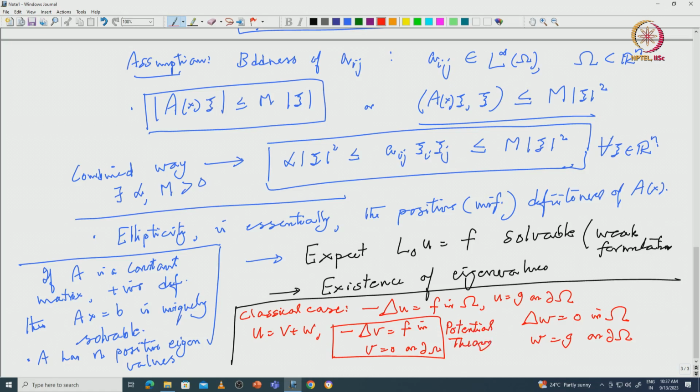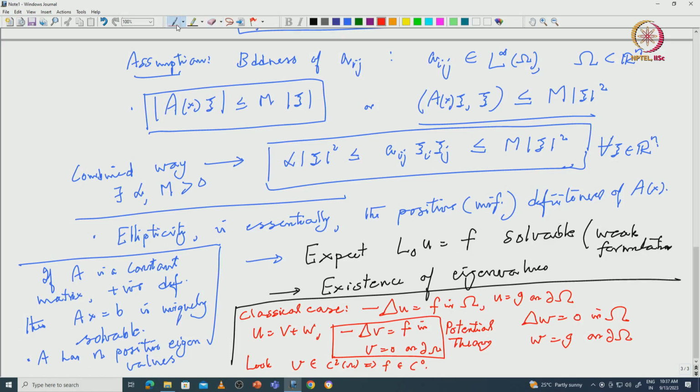When we are looking for v in C2, that will imply essentially f is continuous. So we expect a solution of minus Laplacian of v equal to f with f continuous, but unfortunately we need a stronger assumption.